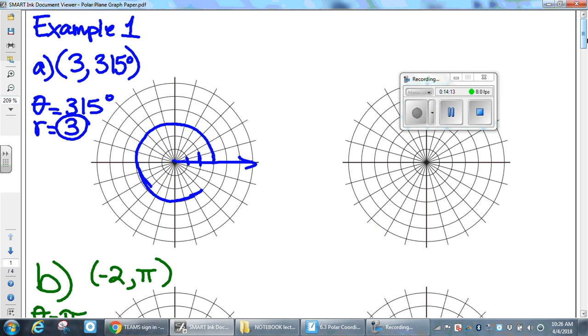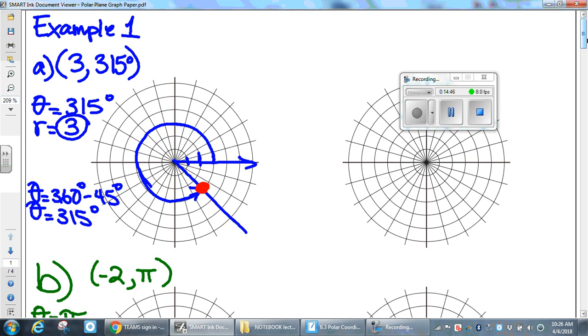How do I know that? Because 360 minus 45 will give you the 315. So it will be there. However, to graph our point, we don't need all of that. The only thing we need for the point is that red dot. That's the only answer to it. Everything else is just helping us to find it.